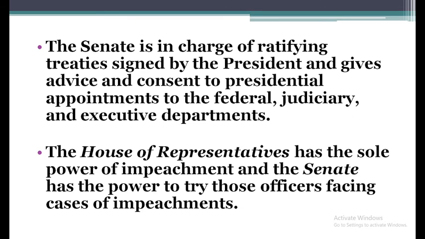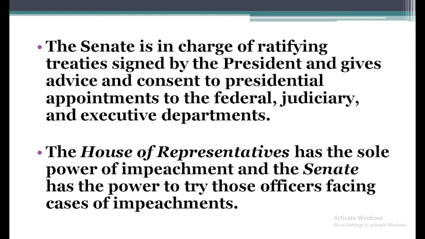The Senate, or the second chamber of the Congress, is in charge of ratifying treaties signed by the President and gives advice and consent to the presidential appointments to the federal judiciary and executive departments. Actually, it is the duty of the President to sign treaties with foreign countries and appoint important officers.